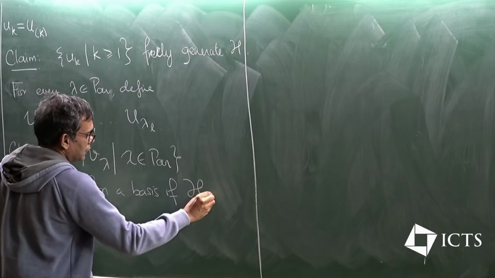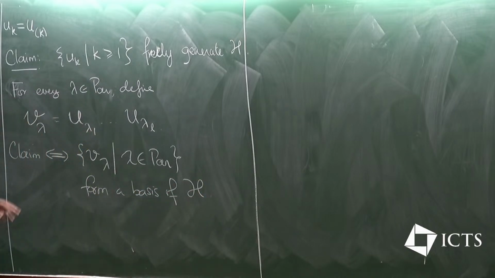of H, right? Because saying that they are linearly independent means that these UKs don't have any relations, and saying that they span means that they generate the Hall algebra. So this is what we'll prove. And how will we prove this?